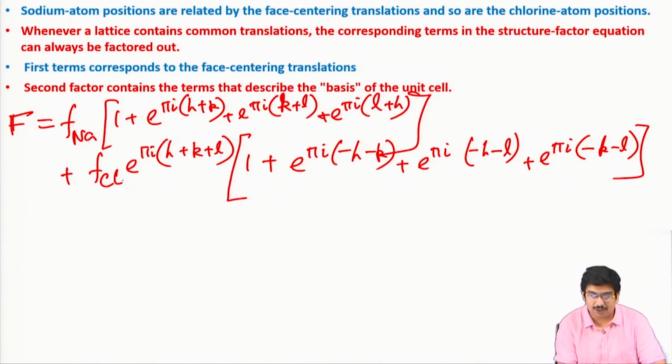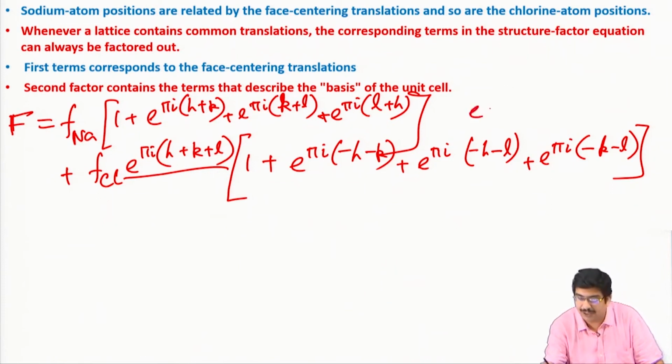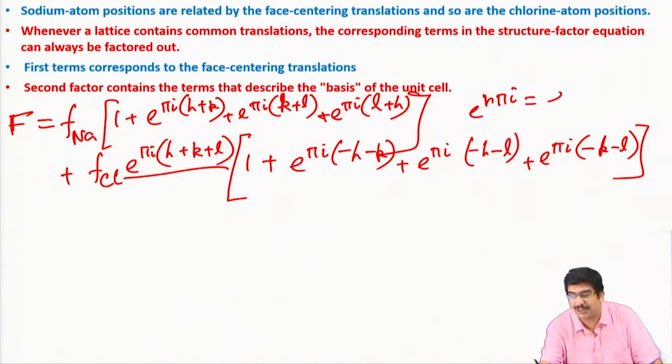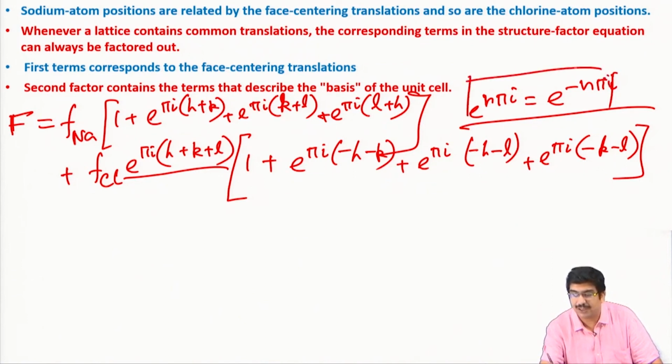If I take this common factor out from this expression, this is what is left, and remember we have already said e^(nπi) equals e^(-nπi). This is an important relation. When we were discussing useful relations, we said this is how the complex conjugate works in complex numbers; from the power series expression of a complex number, this relation is valid.